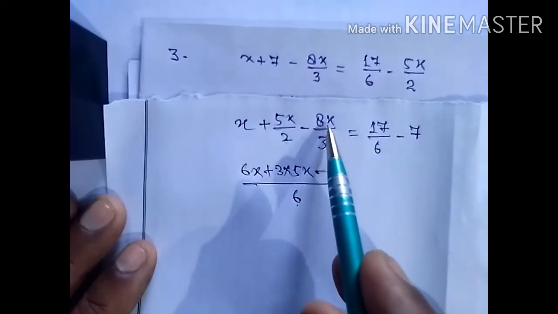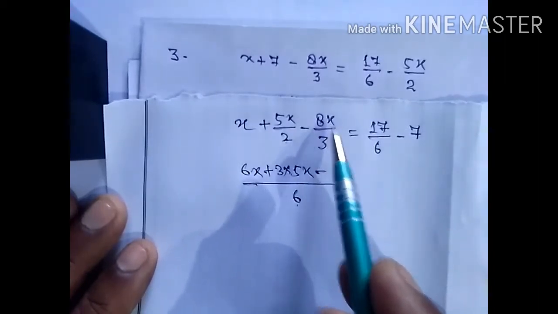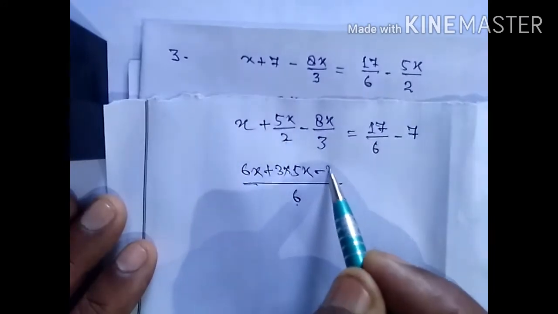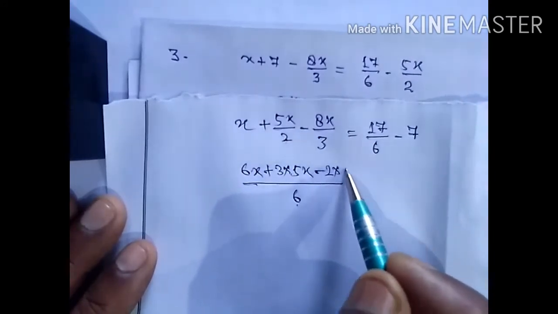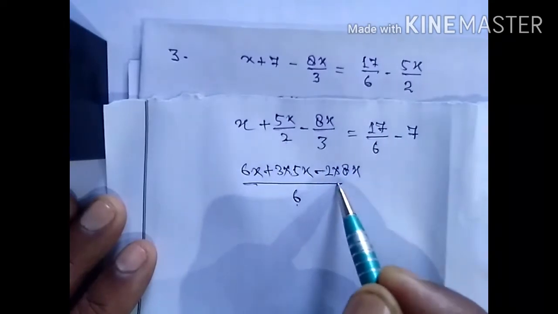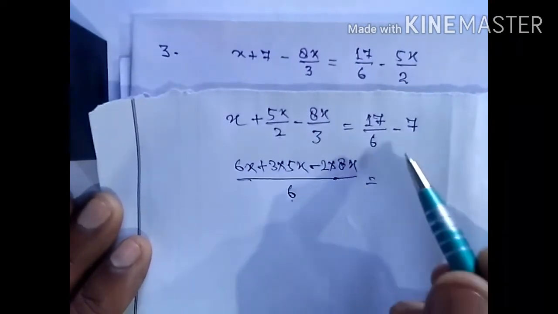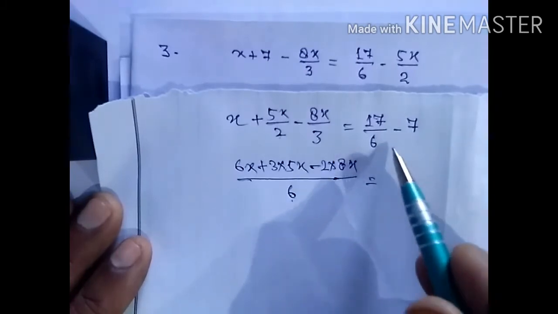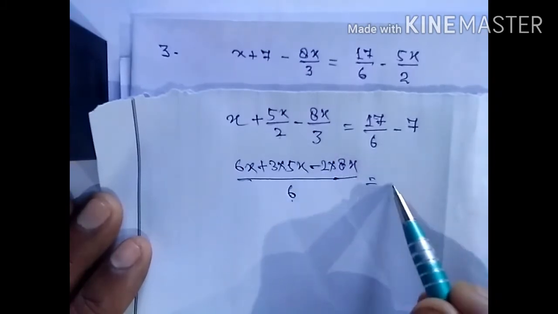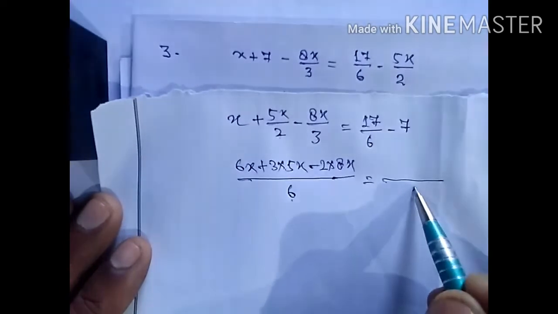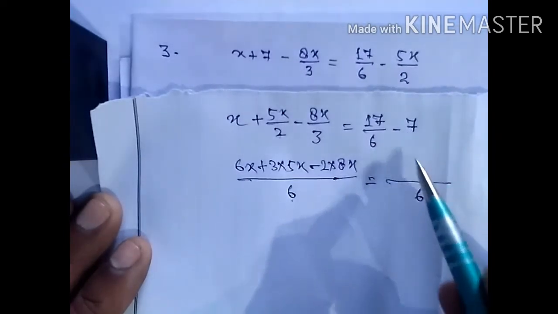So we have to multiply this numerator by 2, minus 2 into 8x is equal to, this one equal to, here we will take LCM again, student, and LCM will be 6, because this one is 7 by 1.